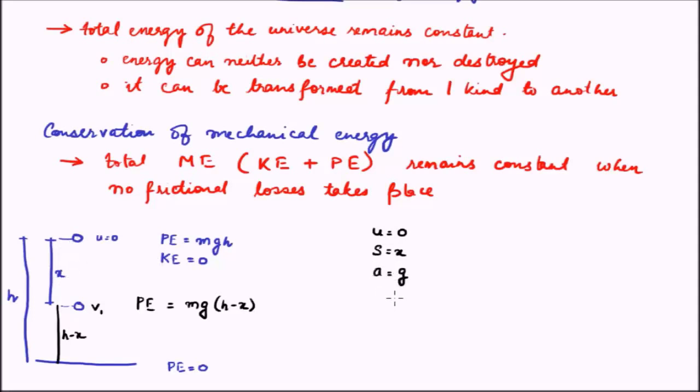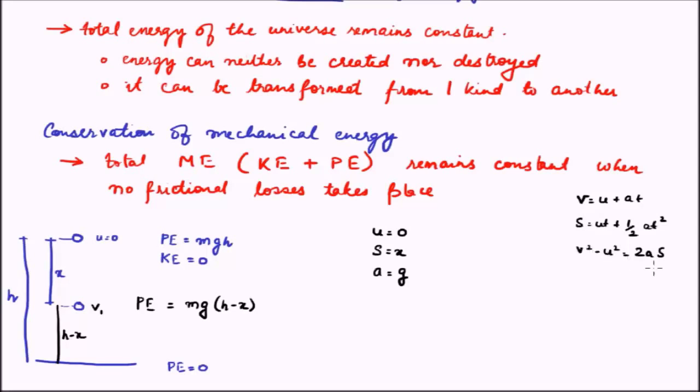What do we know about the equations of motion? v is equal to u plus at, s is equal to ut plus half at square, and v square minus u square is equal to 2as. So here in the third equation we need to find v.